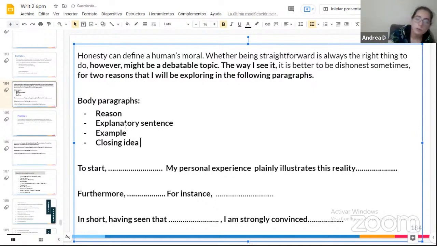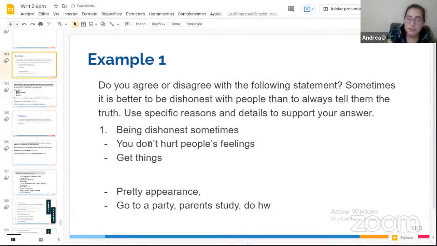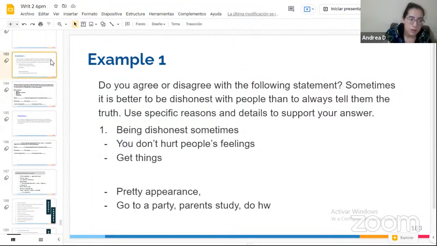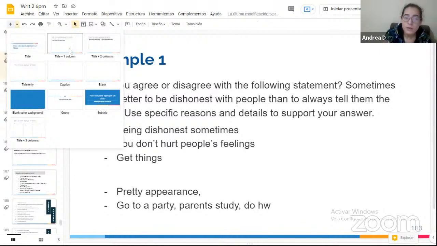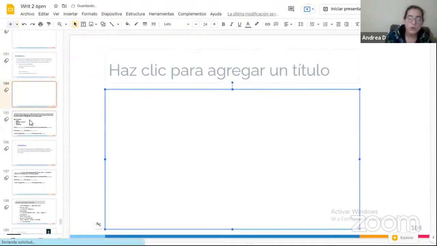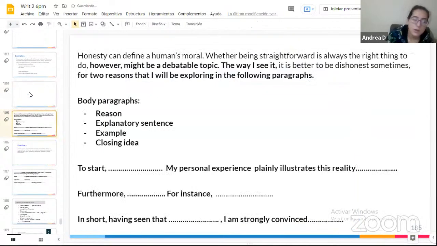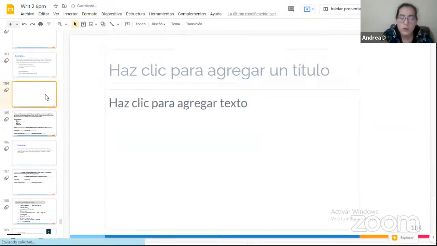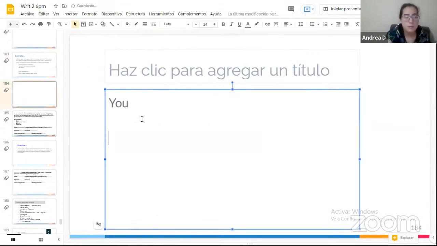So first, you're gonna explain your reason. Another thing about the pronouns that you're using: you can use "you" to talk generally, like "when you are honest, you may hurt some people's feelings." Or if you want to be a bit more formal, you can use the pronoun "one."